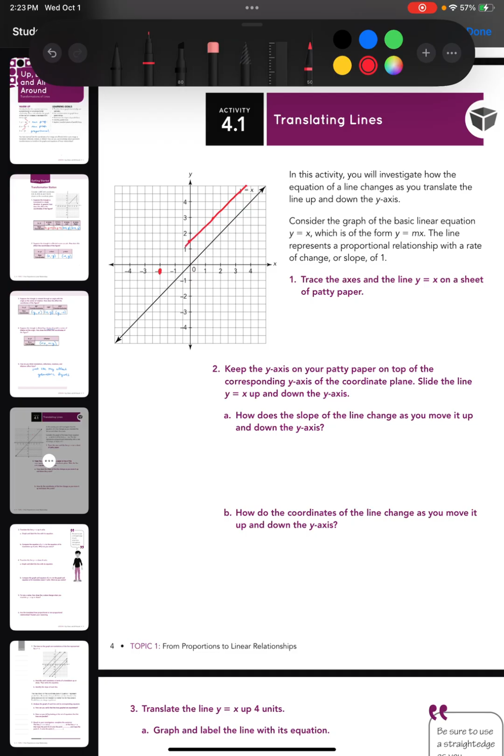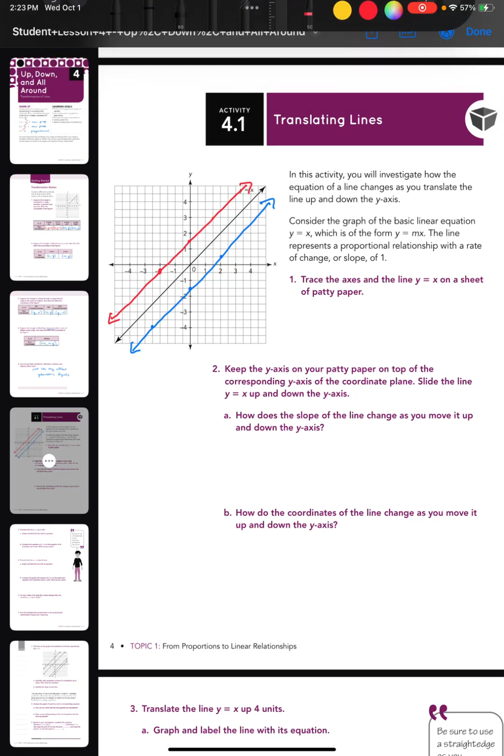Here would be a slide up. And if we slid it down, again, picking out some points, I'm just sliding it down 3 just to keep it the same.